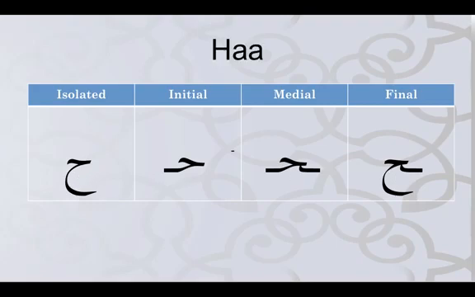Other than that, the 2 letters are almost identical in their isolated, initial, and medial forms. This is the Jim, this is the Ha. No difference between the 2 as far as their writing is concerned. The only difference is the dot: there's a dot on the Jim, there is no dot on the Ha.